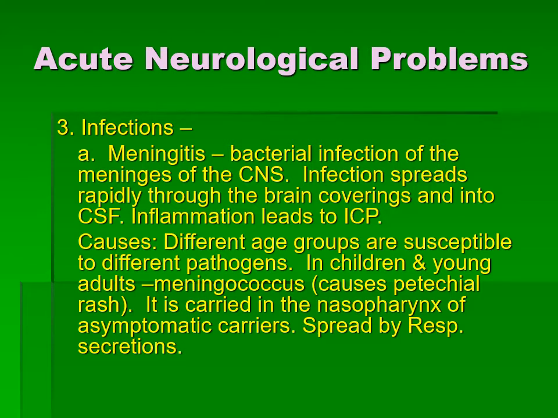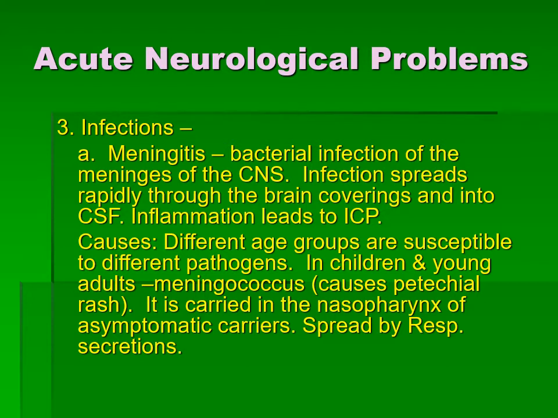Causes. Different age groups are susceptible to different pathogens. In children and young adults, Neisseria meningitidis, which is also called meningococcus. This causes several things. It causes a petechial rash, which you can pick up when this is one of the symptoms.